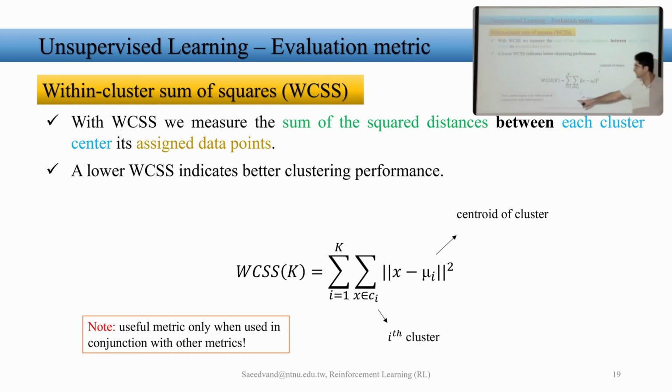If we don't use it in conjunction with other metrics, and we want to use it to find the best K, then we will be in trouble. Wait a few seconds, it will be visually visible for you. So it is a metric that shows how we should move to the center, but if we want to report it, usually we report it with other metrics, and you will visually see why, especially when we want to find the best K.